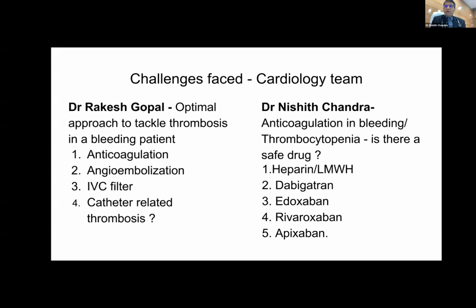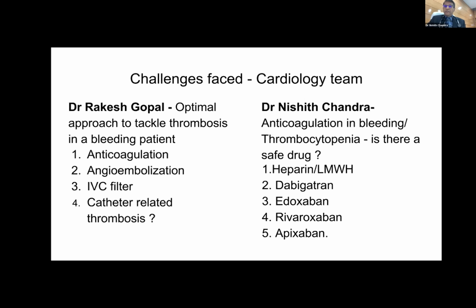On the other hand, we also calculate whether this patient is having high risk of venous thrombosis: whether he's a bedridden patient, whether he has had a proximal DVT in iliacs or upper femorals, and whether he has an active carcinoma. These patients have a very high risk of thrombosis. So we have to make a tightrope walk between high risk of bleeding versus thrombosis.